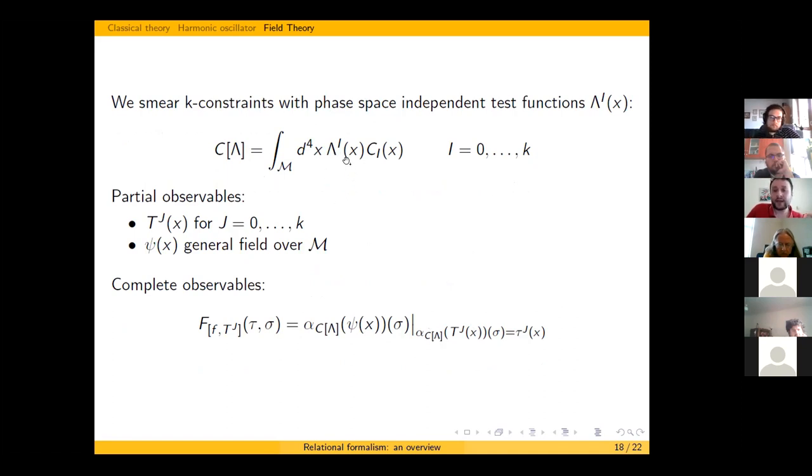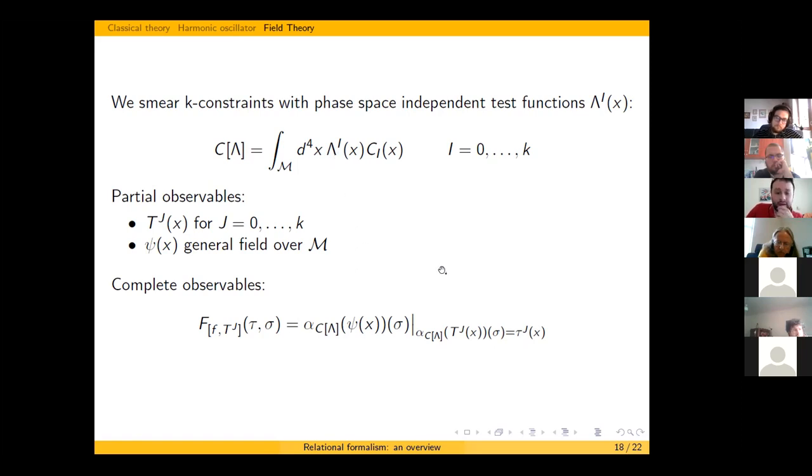And if we can solve for the lambdas, we substitute the lambda in here, and what we get is exactly a function which is gauge invariant. But most of the time, because we have many constraints, and because this is a field theory, it's not analytically possible to solve for the lambdas.